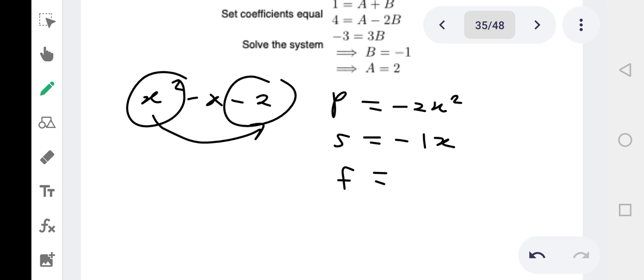Those numbers are, sorry about that, not negative 2x squared, but negative 2x and positive 1x.